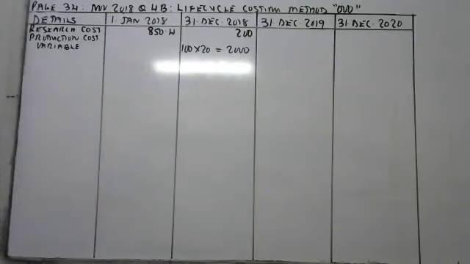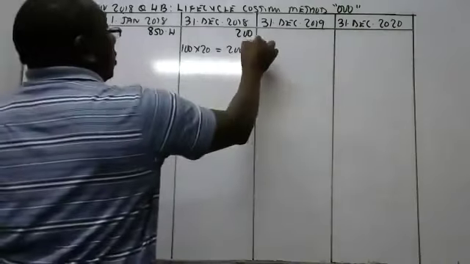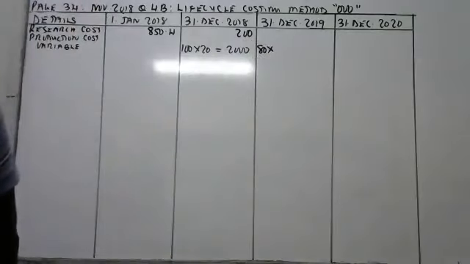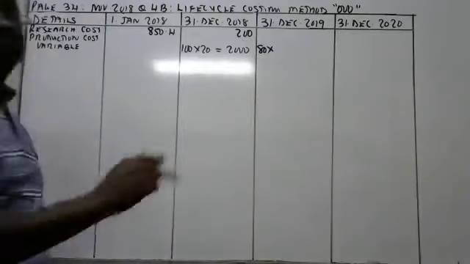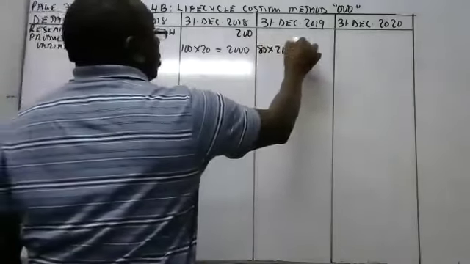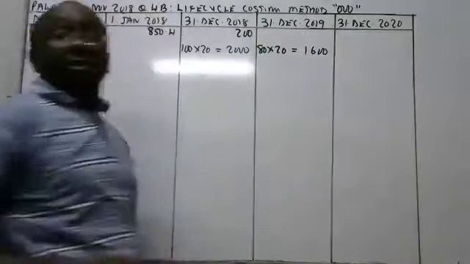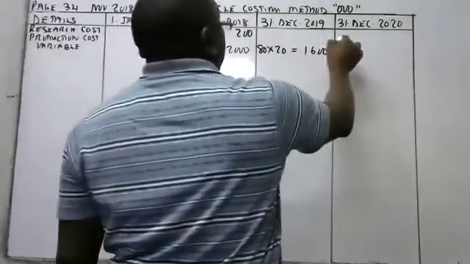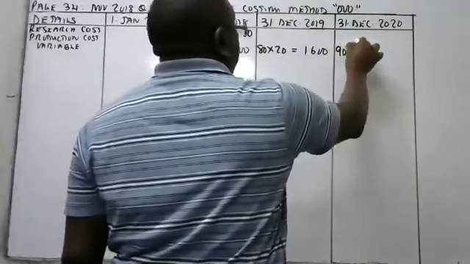In 2019, the variable cost is 80, and the production units are also 20. So that is 1,600. In the last year, it is 90, and the number of units is also 20.